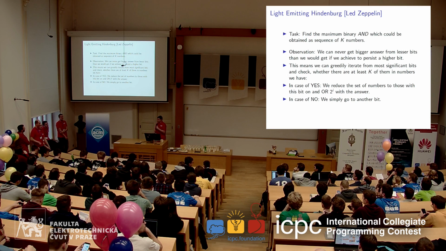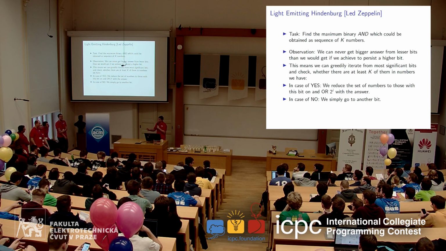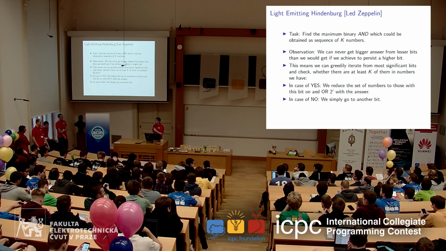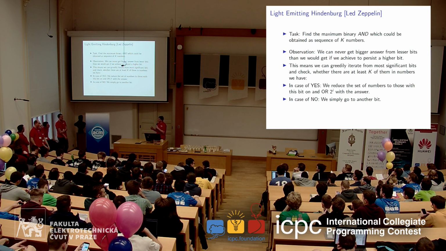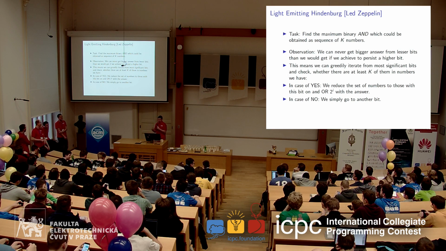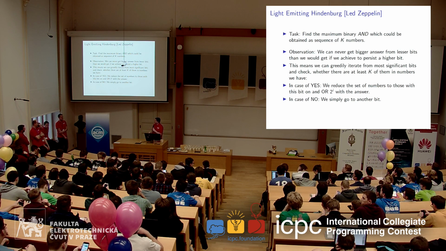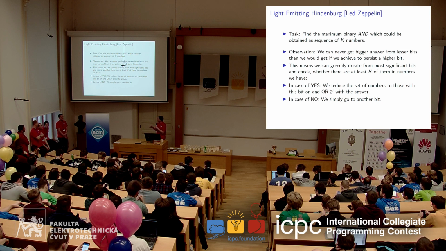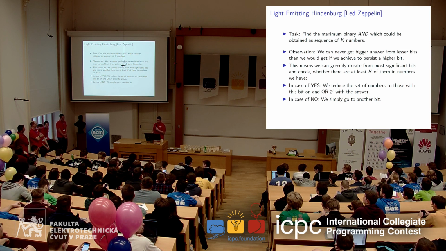And to do this, we just checked all the numbers which were remaining and checked whether there are at least k of them which had the bit. In case of yes, we chose all such numbers which had the bit on, and in case of no, we just continued.